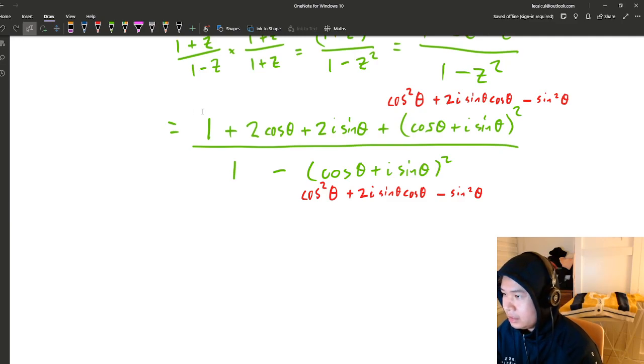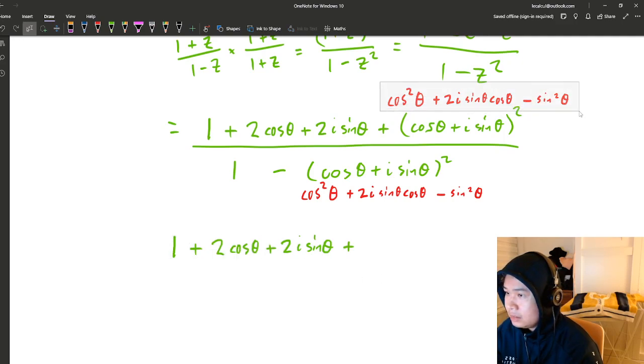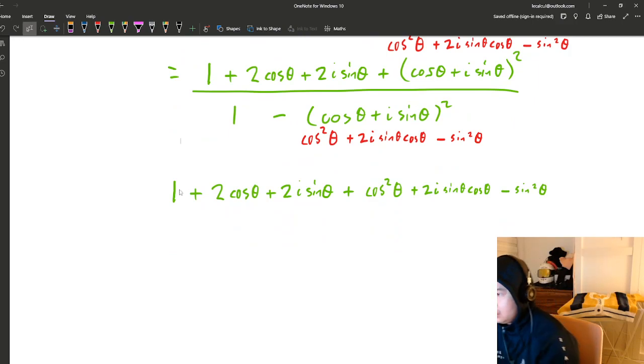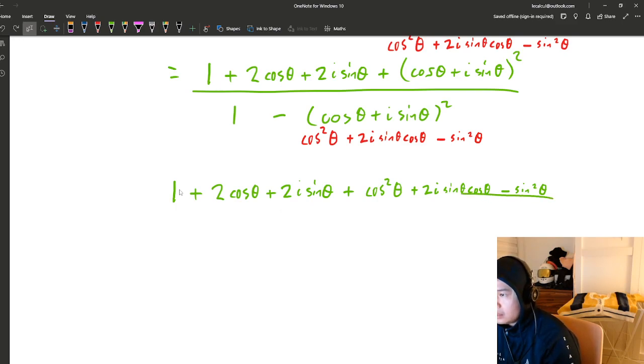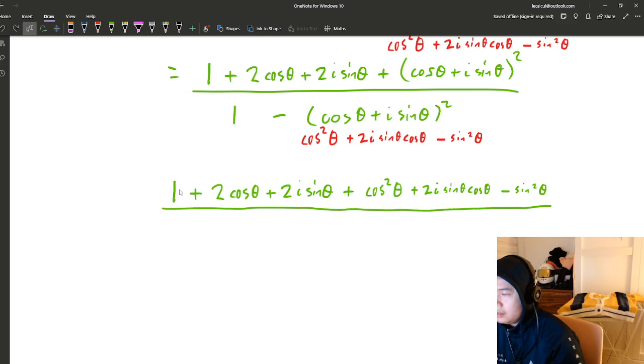Okay, I'm going to rewrite this. So there's that, and then there's this, and then all of this is divided by, okay, let me draw a reasonably straight line.